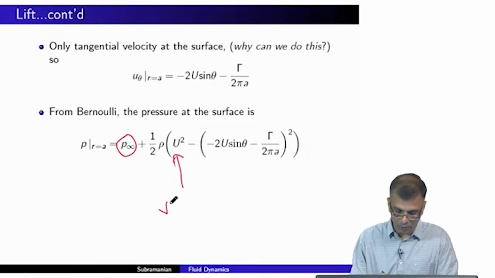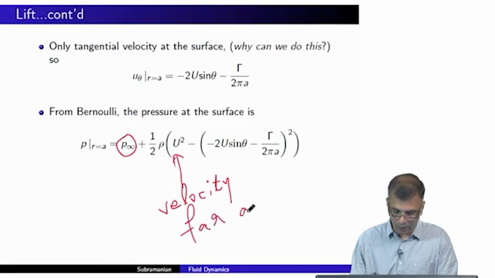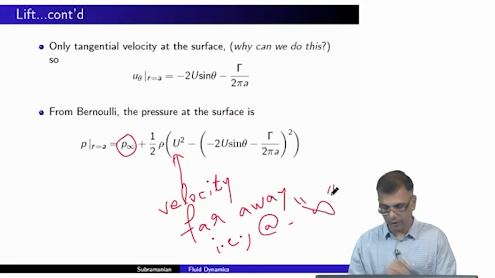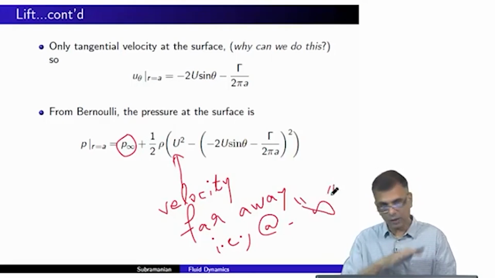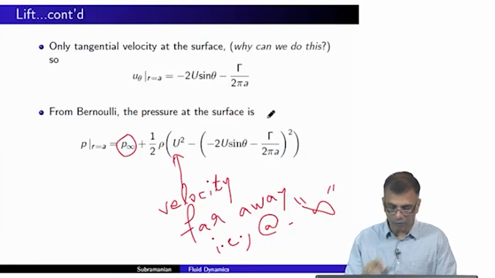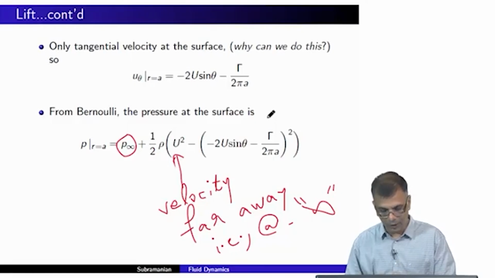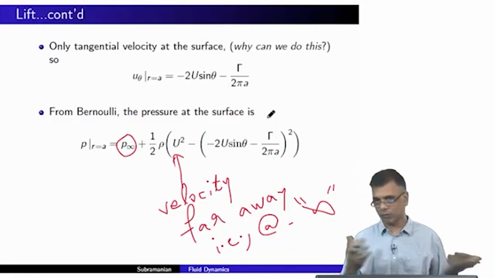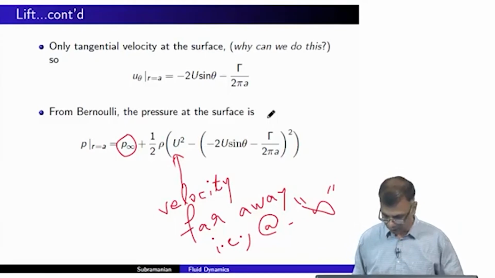This is the velocity far away, in other words, at infinity. Right? So that's the velocity far away, undisturbed by the presence of the ball, and this is the velocity very close to the surface. So that's how it works out. And this is simply a consequence of applying Bernoulli's constant, right?